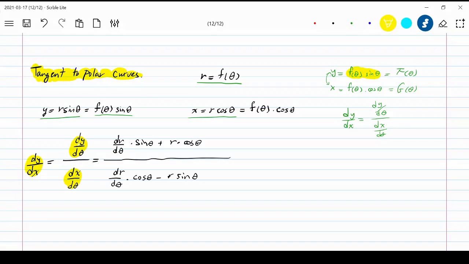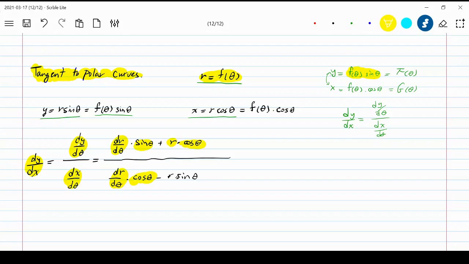Use the product rule: derivative of f times sine theta plus f times derivative of sine. Since we assume f is the same as r, you can say derivative of r with respect to theta multiplied by sine plus r times derivative of sine theta. r is the same as the f function.